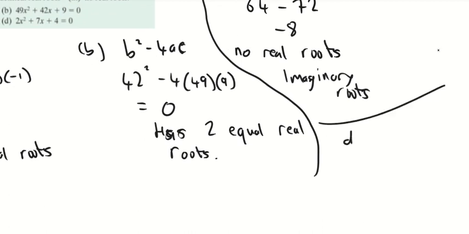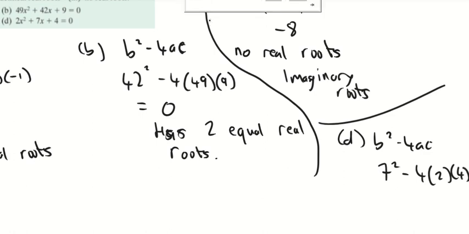So there, b squared minus 4ac, that is 7 squared minus 4 times 2 times 4. So we're getting 49 minus, and then 8 fours are 32. And so we get 17.